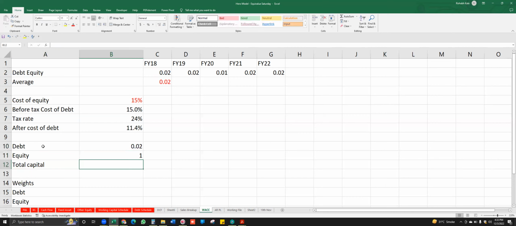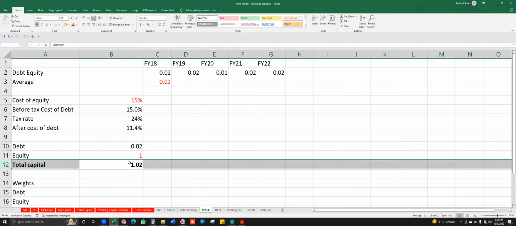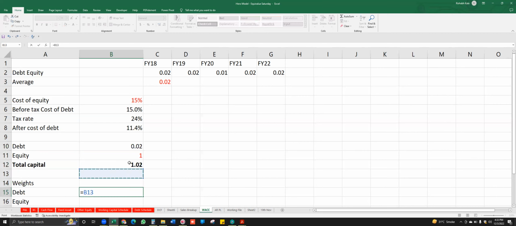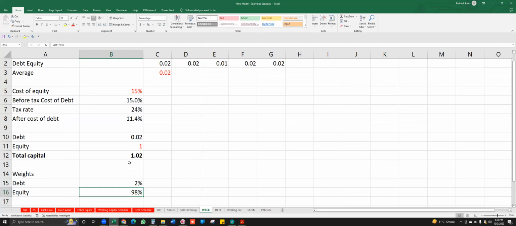The equity will be 1. That's the assumption. This plus this is your total capital. Weights: this divided by this. It's hardly 2%, and then obviously the 98% will be your equity. If I only change this number to 0.1, it changes everything. You see?